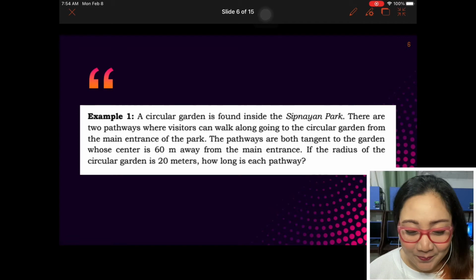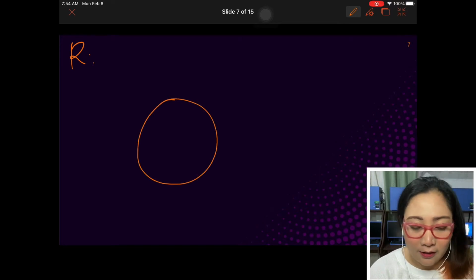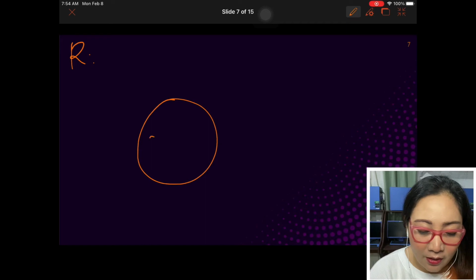Okay? Alright. So, mag-start po tayo sa representation. Take an orange. Our representation, as I said before, you can actually just draw the problem so that you can represent it properly. Okay? So, ano ba ang sabi? May circular garden daw tayo. Okay, circular garden. So, yan ating mahiwagang garden.